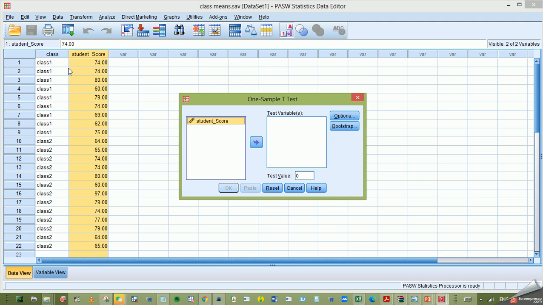We go to compare means, one sample t-test. We have this. It didn't show me the other variable. We go here, the test. What is the test value? Is it 0? No, in our case it is 75.